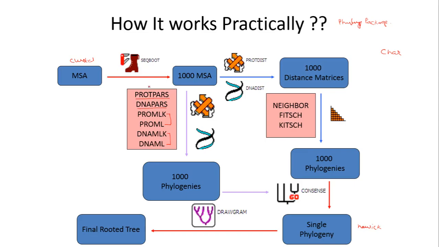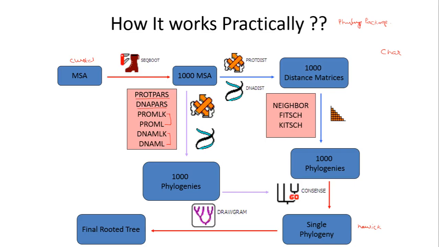Okay, so whatever computer program you use, you might again end up with 1000 phylogenies, creating 1000 trees, right? And from these 1000 phylogenies, you can use the consensus program to create a single phylogeny in Newick format.